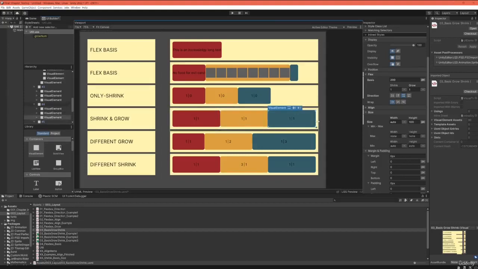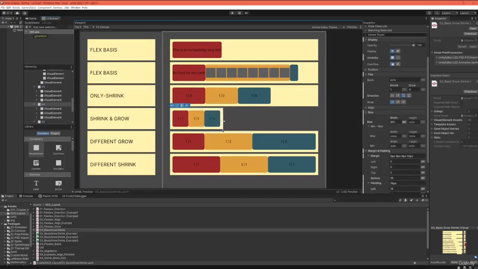So when we once again grab the container and make it smaller, they shrink proportionally. They shrink at the same speed, kind of. And when we get bigger, they grow at the same speed. Now, one thing that's important to understand is that when we are getting smaller like this, are we shrinking or are we not shrinking?